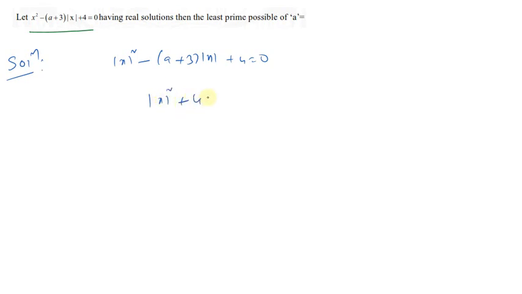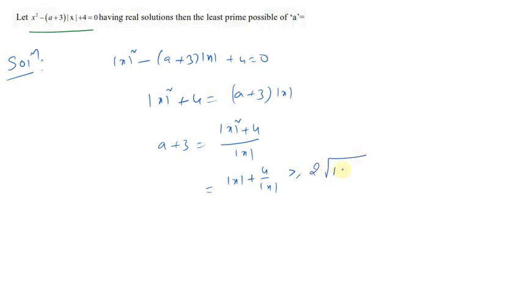Mod x whole square plus 4 is equal to (a plus 3) into mod x, and a plus 3 can be written as (mod x whole square plus 4) by mod x, and you can write this as mod x plus 4 by mod x.